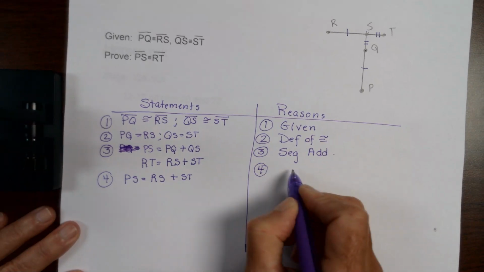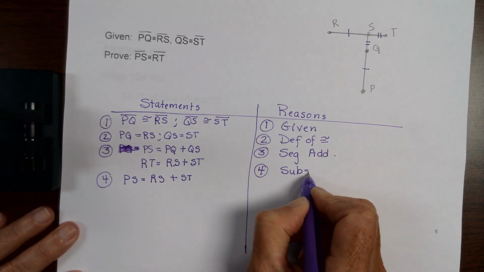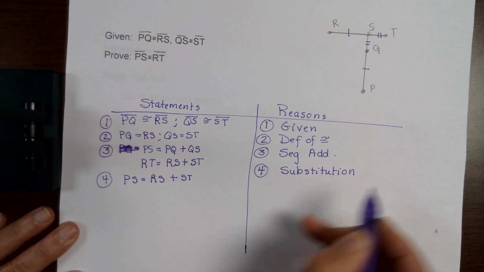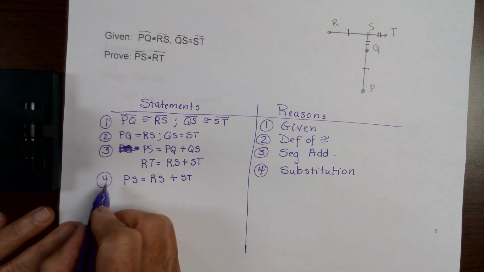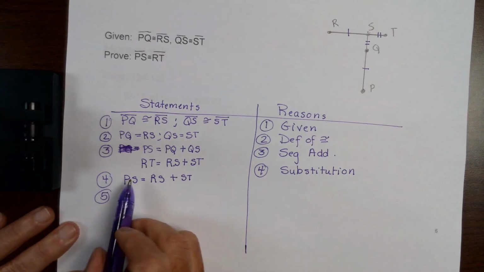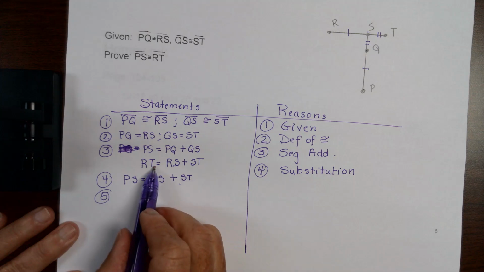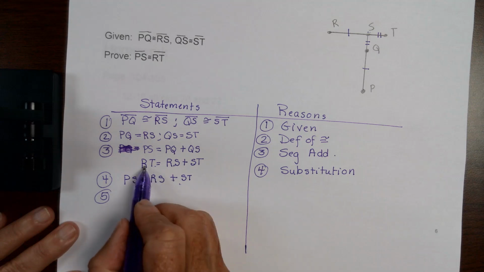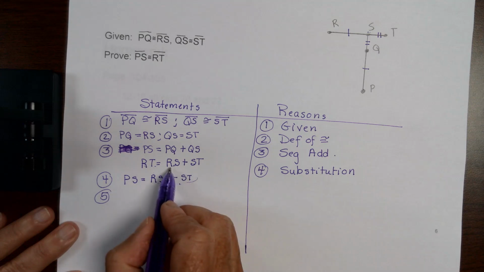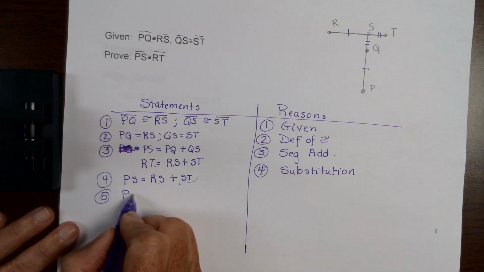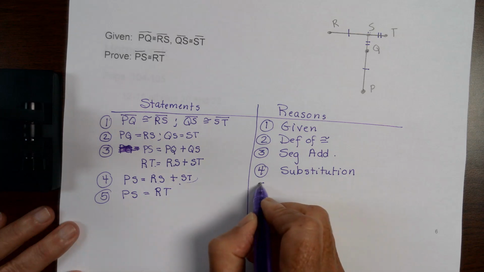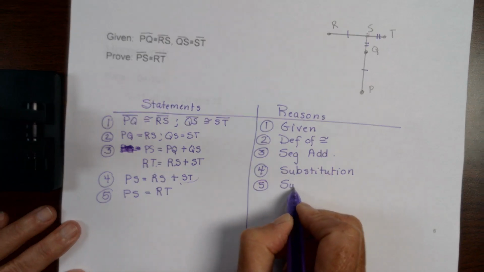So that's substitution. Now, if PS is equal to this and RT is equal to that, I can turn around and just substitute RT right there for my RS plus ST. So I have PS is equal to RT by substitution.